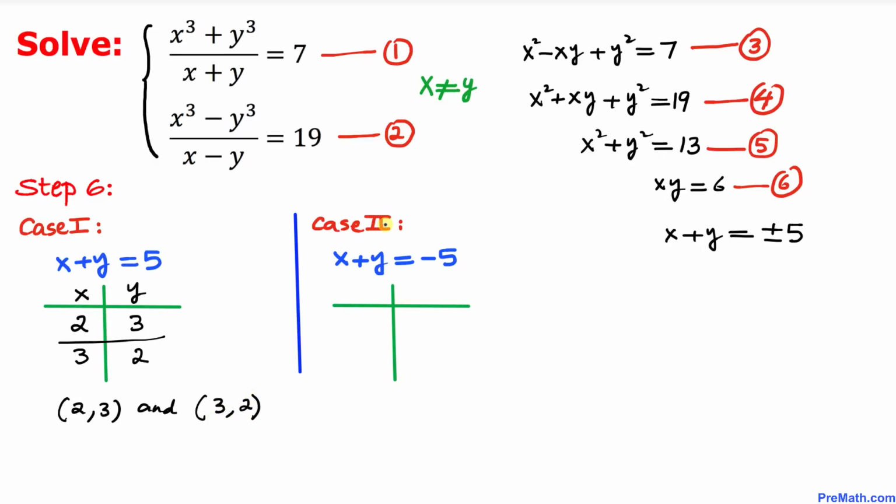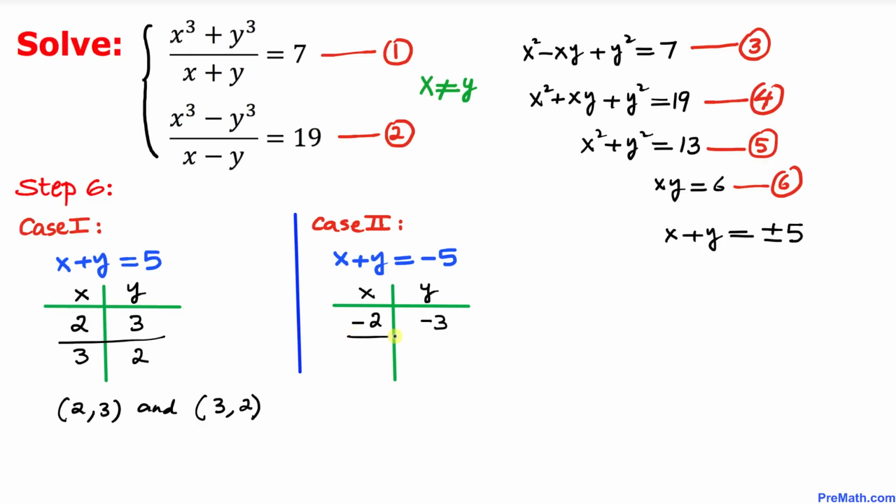And let's focus on this second case where x plus y equals negative 5. Let's pick the appropriate values of x and y. This time I'm going to pick x equals negative 2, and this way y is going to be negative 3. Because negative 2 and negative 3 give us negative 5, and if we multiply these numbers, we get positive 6.